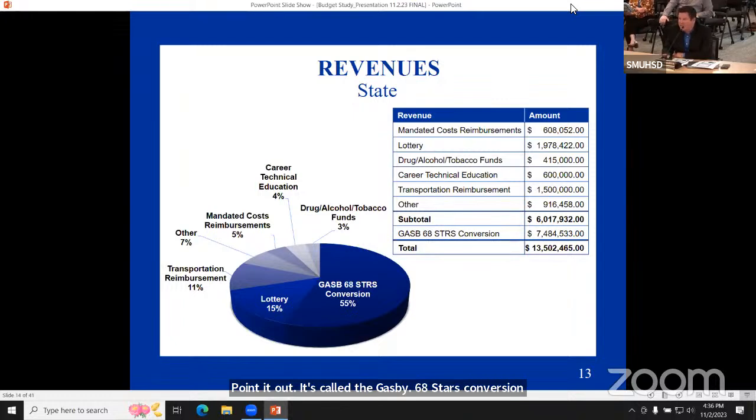But these are funds that are actually never received by the school district. They never come to the school. They are funds that the state pays to STRS on the district's behalf. So the state is responsible for a portion of the state teachers retirement system. They just send us a number that we put on our books. So even though it says we get $13.5 million in state revenue, we only receive about $6 million.